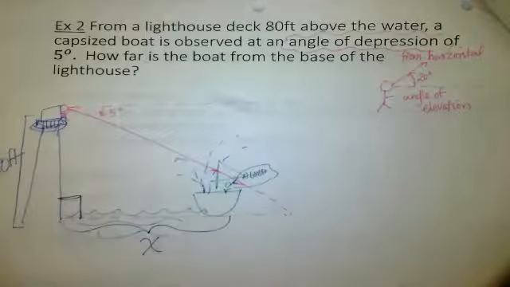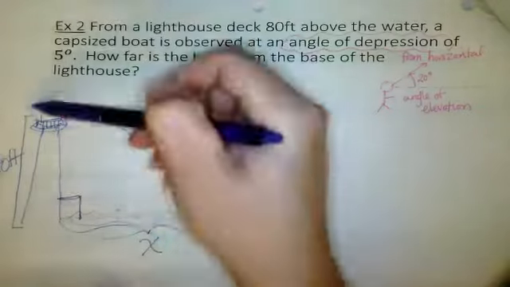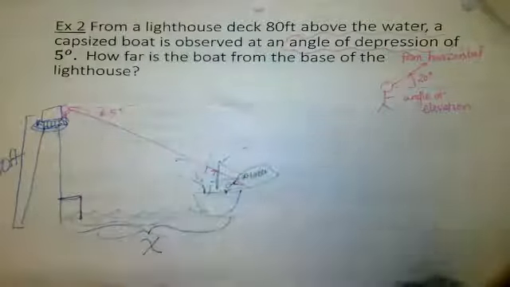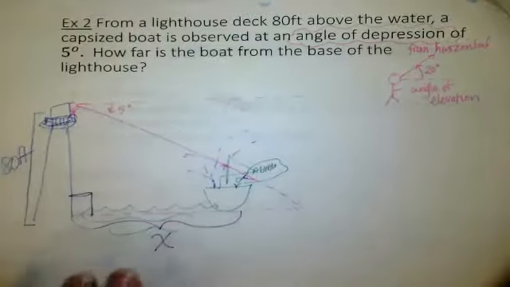How do we figure out X? What do you know? We got this height of 80 feet. That's good. We have an angle. We have a question we're trying to solve.